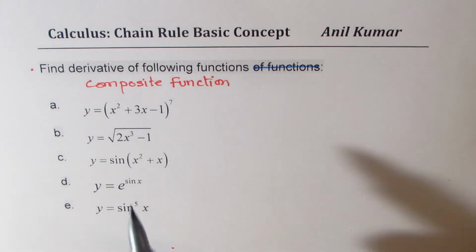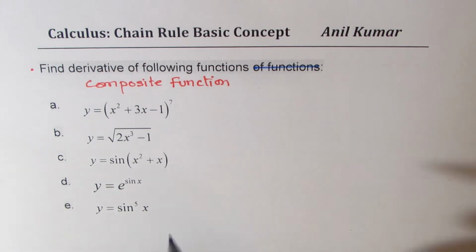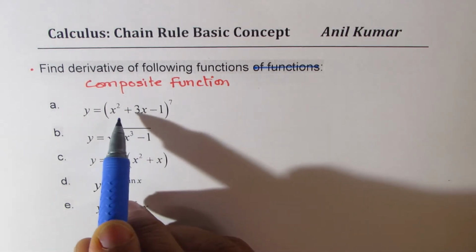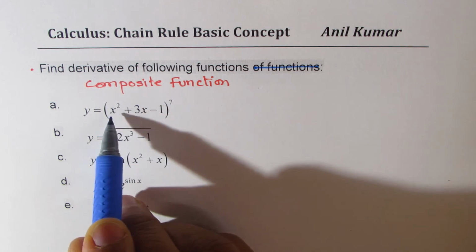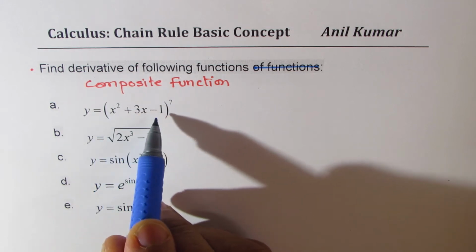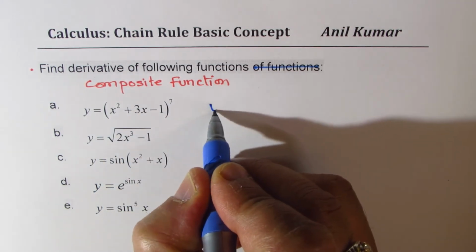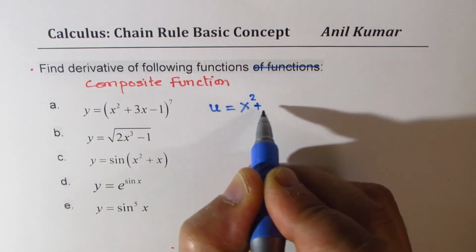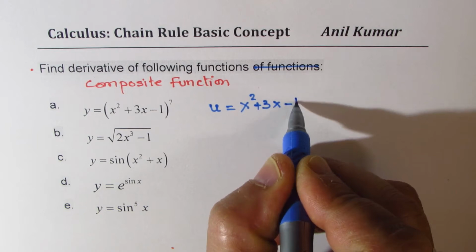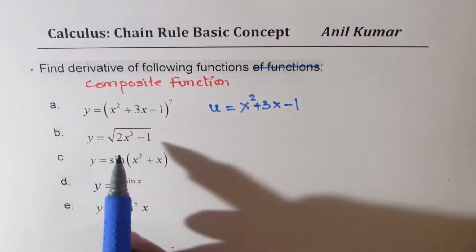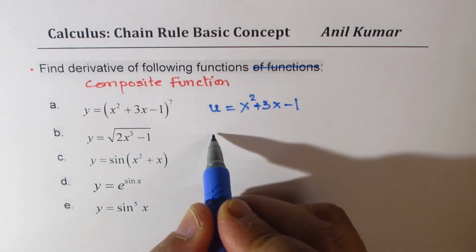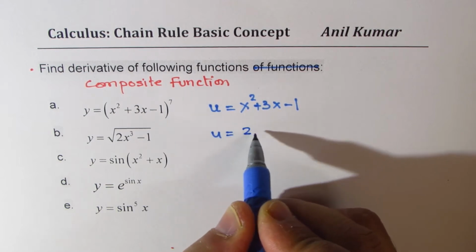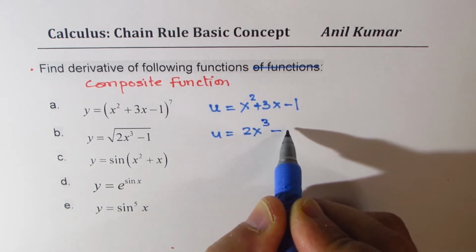Okay. So to break up as a composite function, what you can do is define a variable. The inside function in the first case could be x squared plus 3x minus 1. So we could say, let u equal x squared plus 3x minus 1. In the second case, we could define u as 2x cubed minus 1.